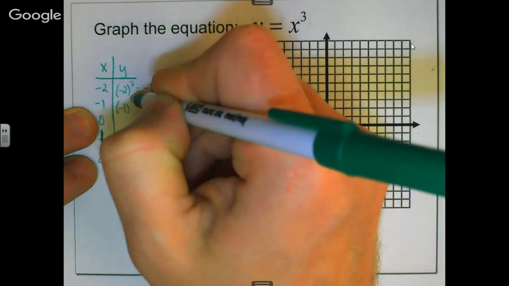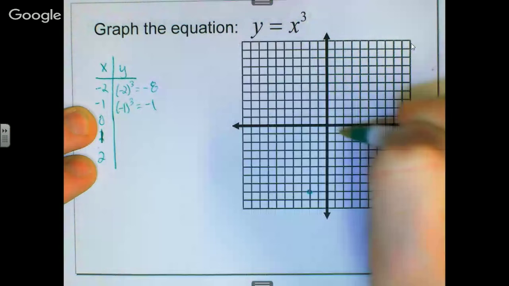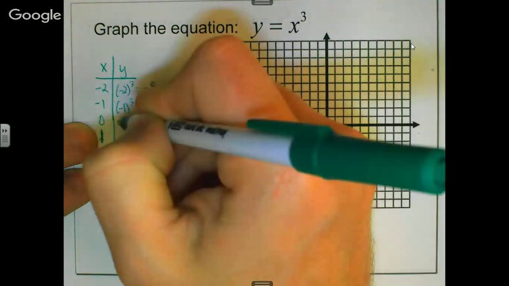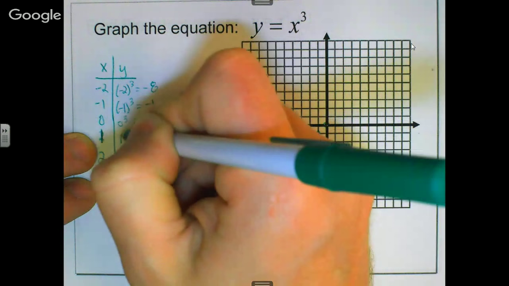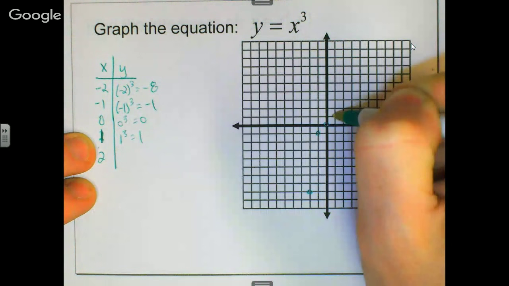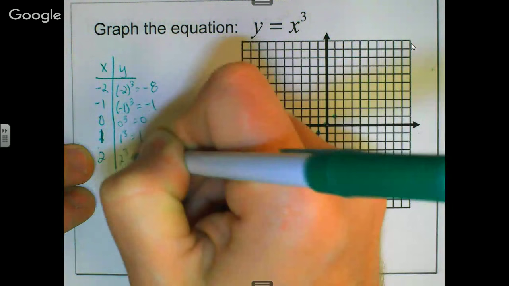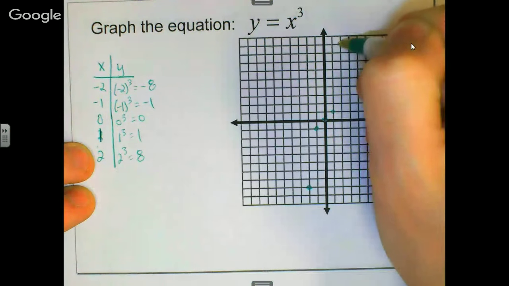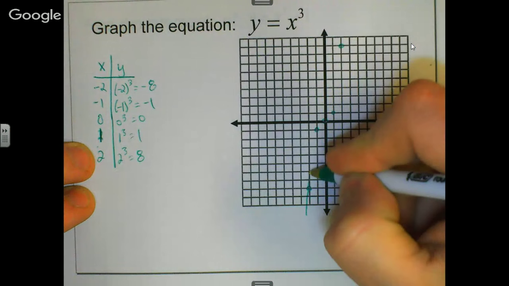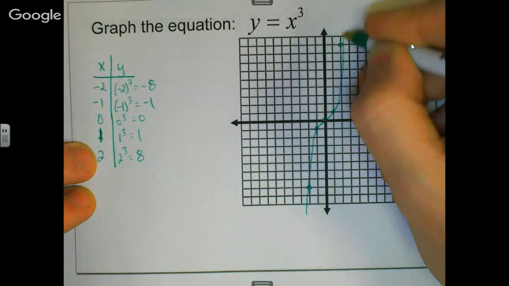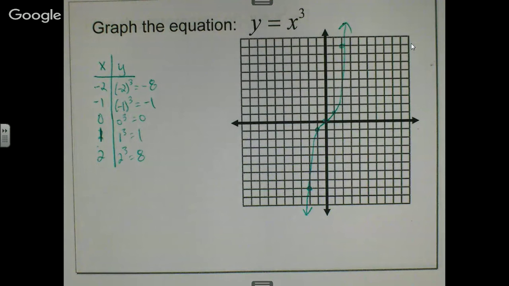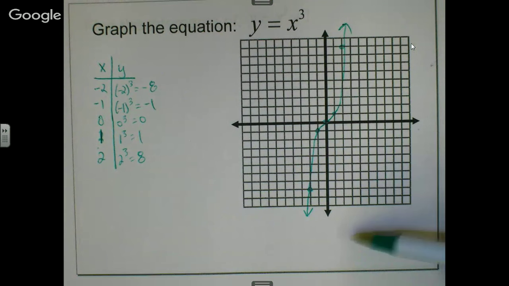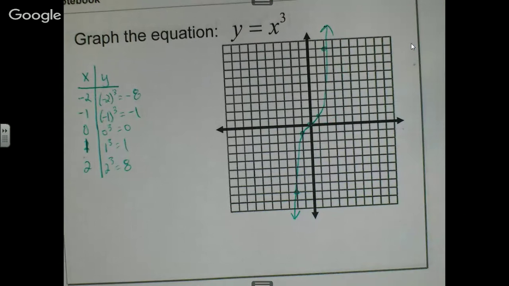Negative 1 to the third is minus 1. 0 to the third is 0. 1 to the third is 1. 2 to the third is 8. So I've got this weird looking graph in here. It kind of looks like this little crab.